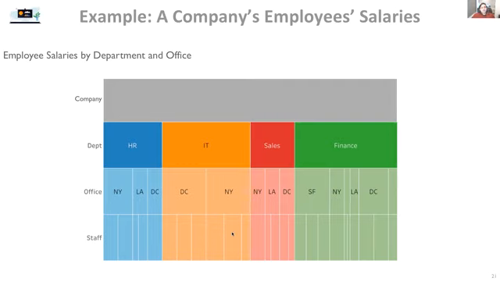Note that the width of each node is relative to the salary data associated with it. So the width of the root node is the width of the entire chart.